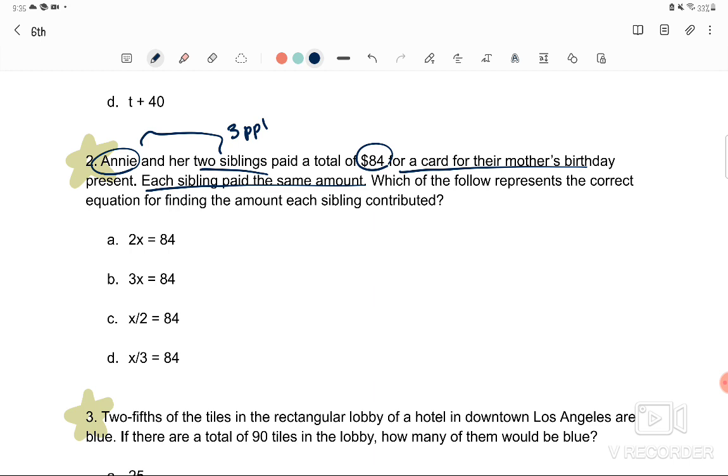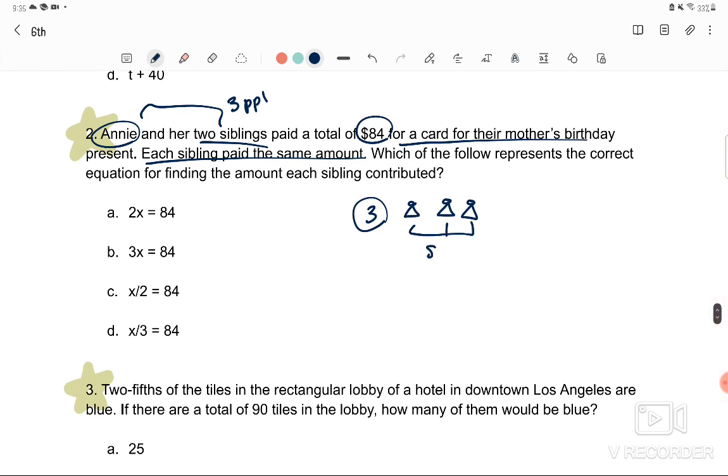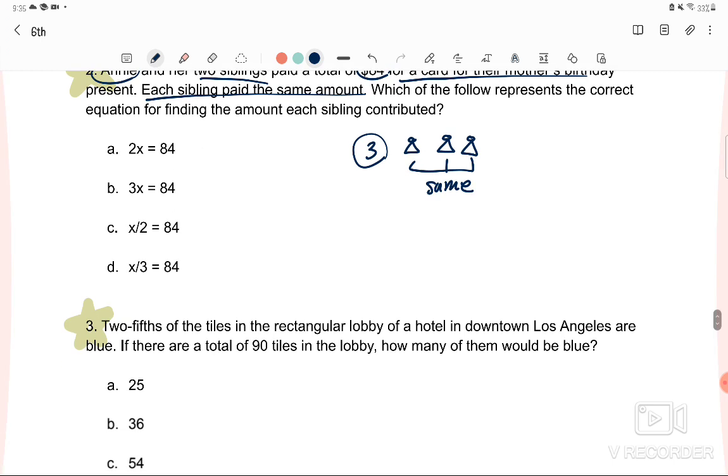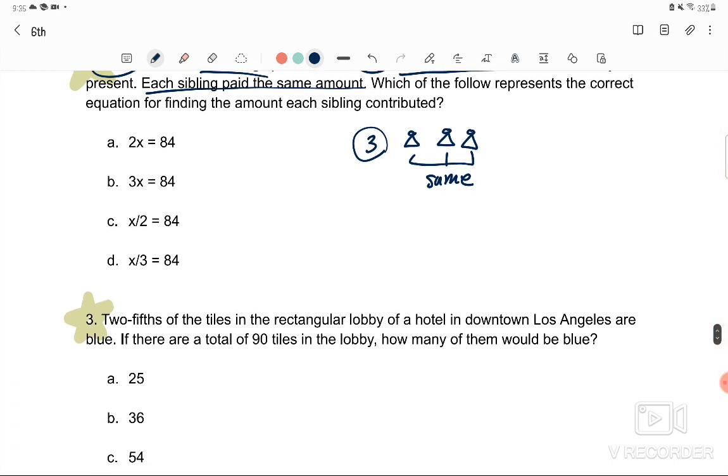So it's 3 people, right? Annie, her 2 siblings, and they all paid the same amount. But I don't know how much they paid. So the value for 1 person is x.